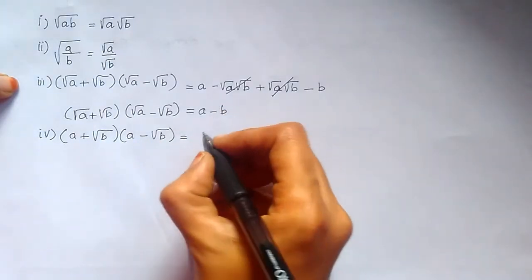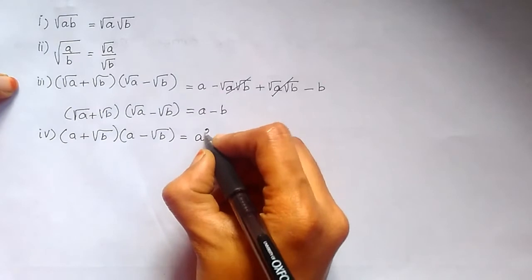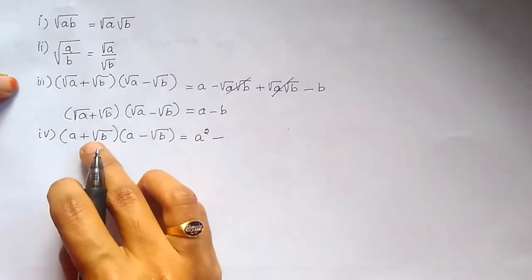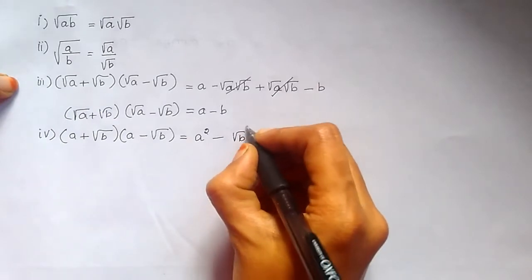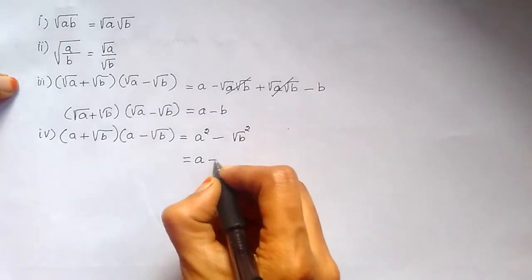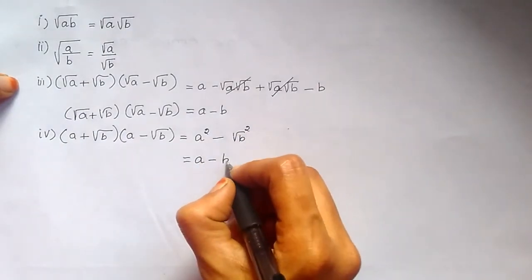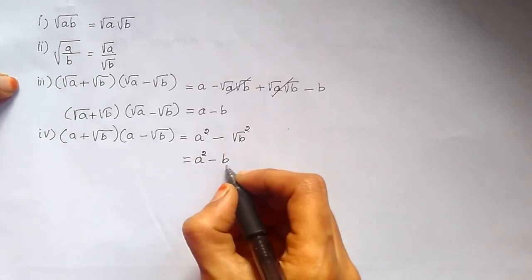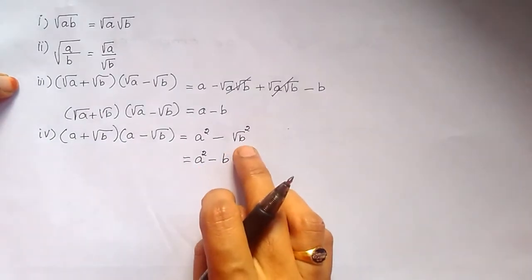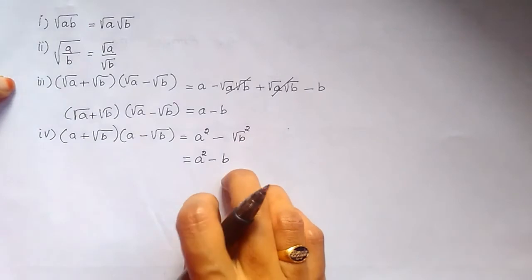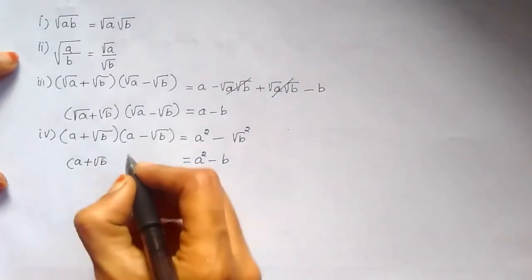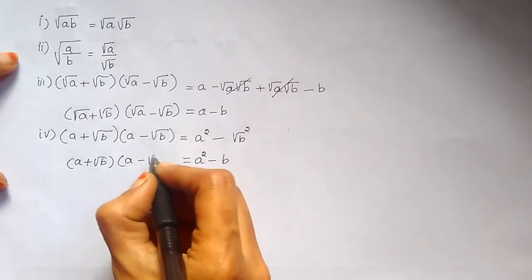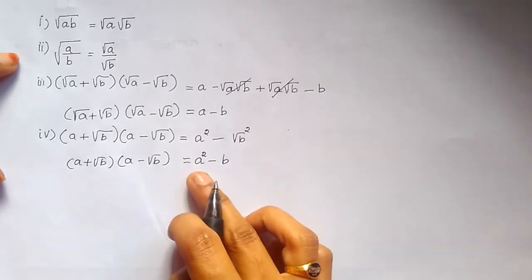So the answer here is a square minus b square. Here b is root b, so root b square is b. So the fourth identity is a plus root b into a minus root b equal to a square minus b.